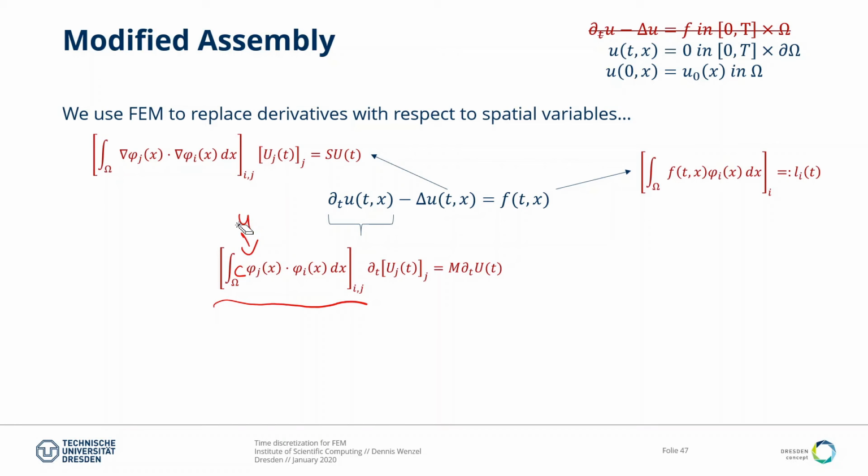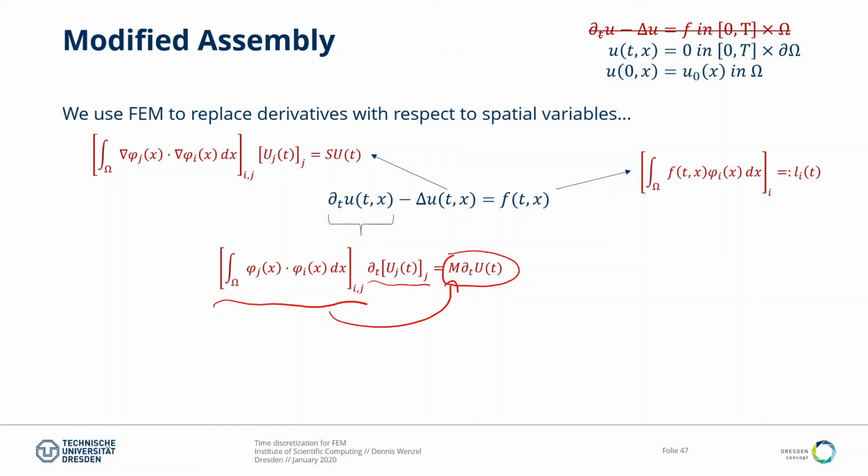But now we don't have a c here. Instead, we get this part, and we get the time derivative on one of those time-dependent dot vectors. And now, if we call this part here m, which stands for mass matrix, then we can reformulate this part as m times the time derivative of u.